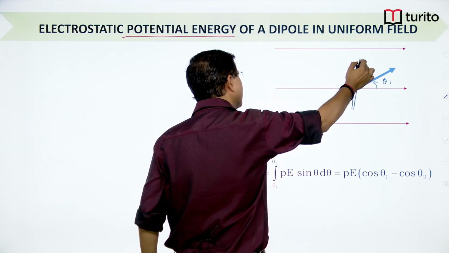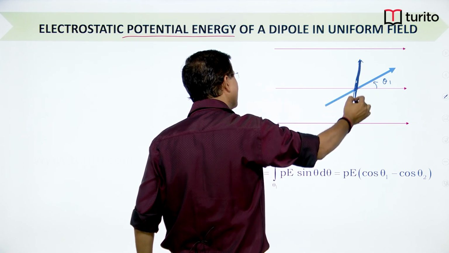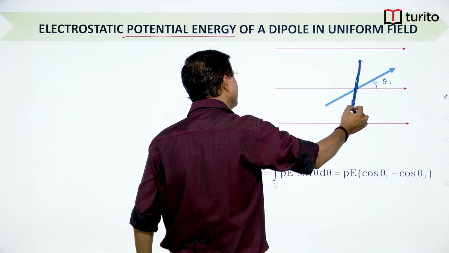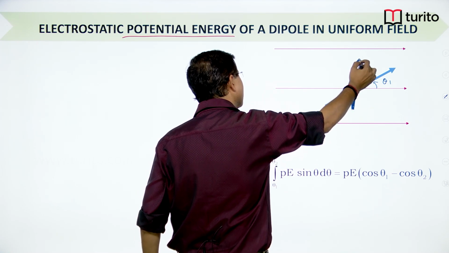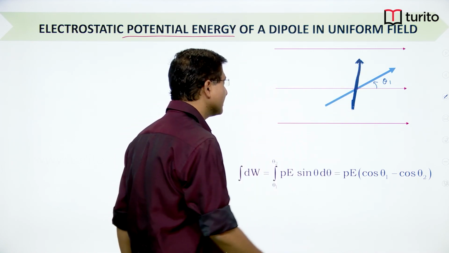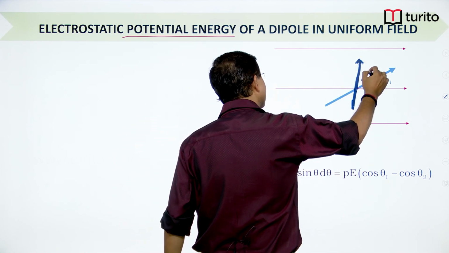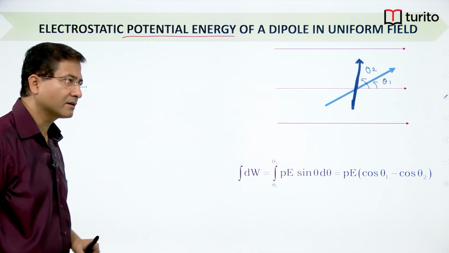So, this dipole will have a new orientation like this, and this angle I am considering theta 2. I want to find out the potential energy associated, right.